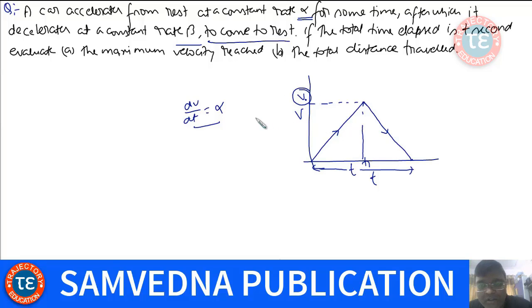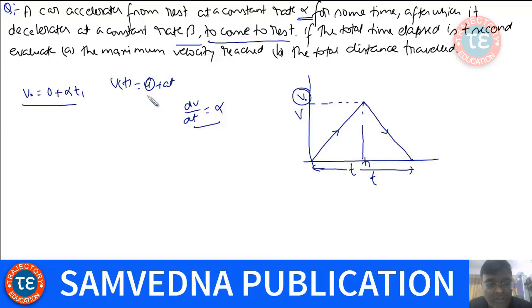So maximum velocity would be v naught, right? It accelerates from 0 to v naught with acceleration alpha. So what's the t1 time? See, v naught equals 0 plus alpha t1. If t1 is the time taken by the car to reach v naught, then we have this graph.